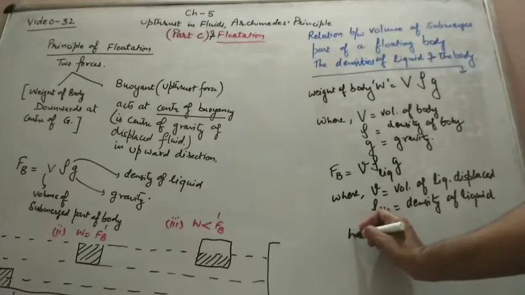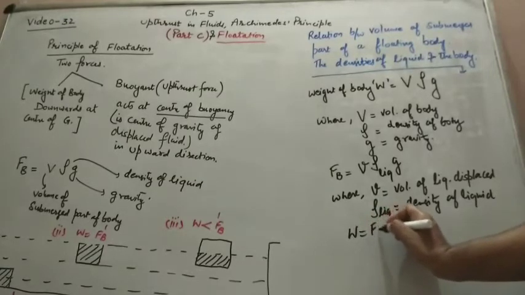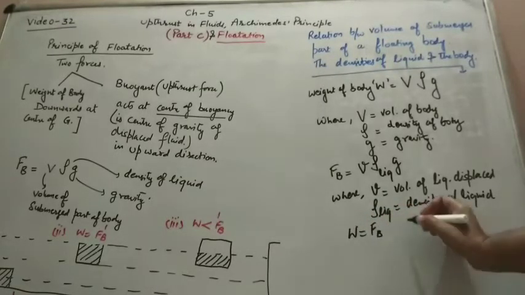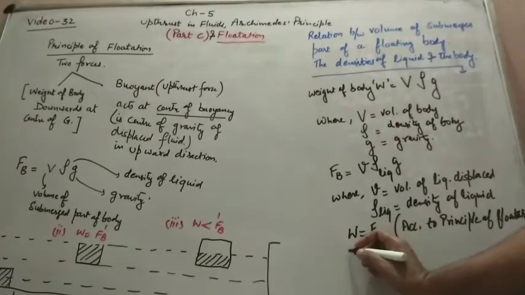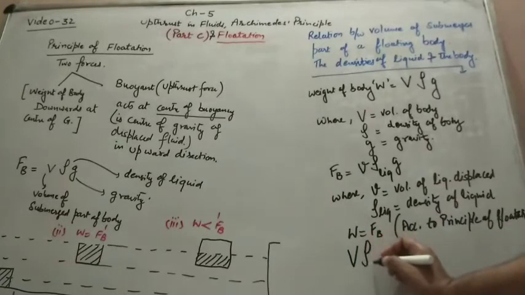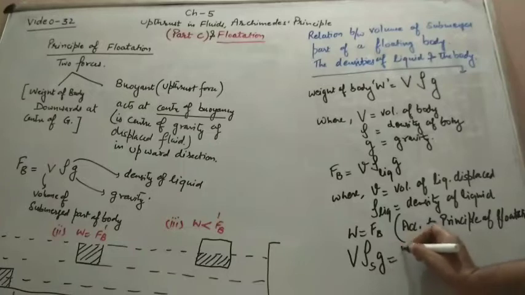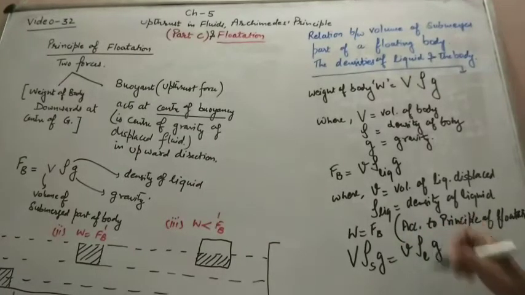So for the flotation case, according to the principle of flotation, W is equal to FB, so V rho into G is equal to small v density of liquid into gravity.